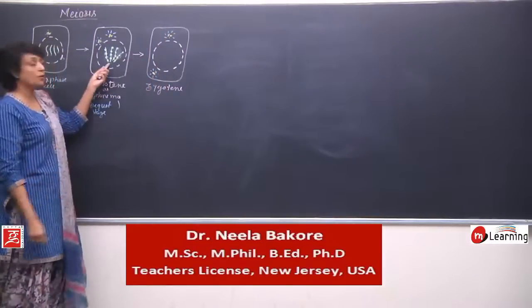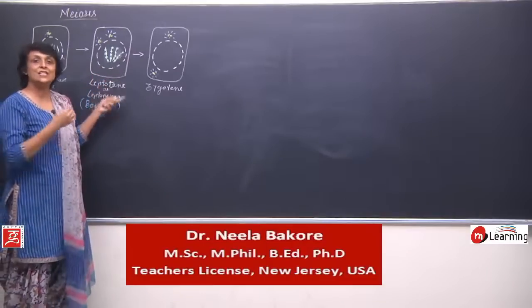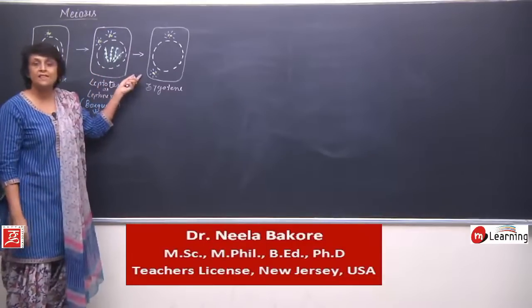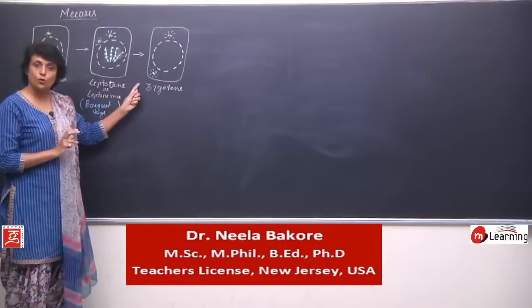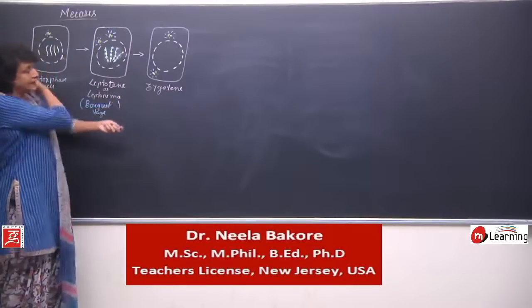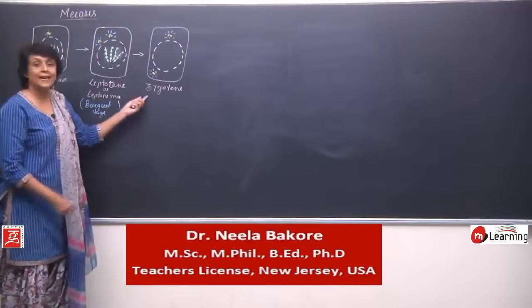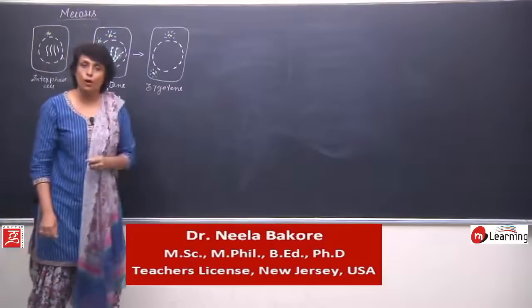The chromatin fibers have condensed further, and here we start seeing the chromosomes. Not very thick, but chromosomes are. And these chromosomes, they arrange in the form of homologous pair.